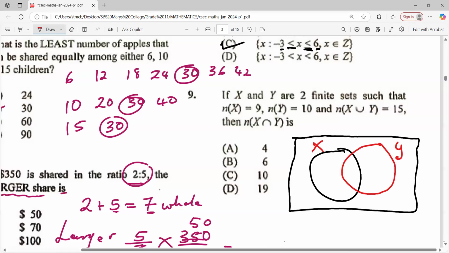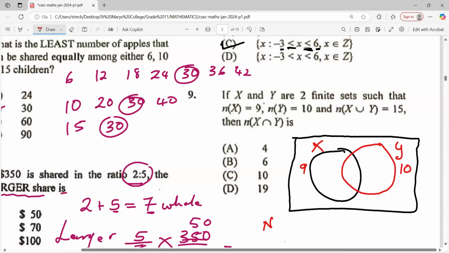All right, so the number in X is 9, and the number in Y is 10. But when you combine these two, you get 15. So what's the intersection?